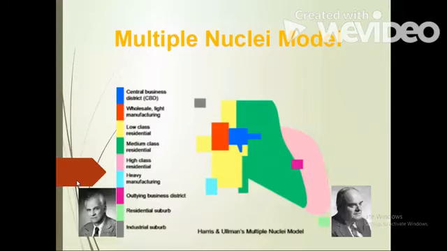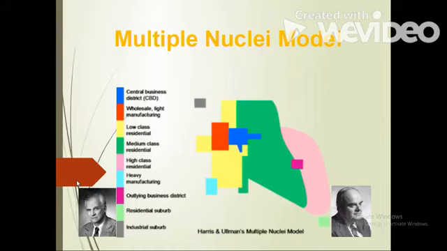Next, we move on to the next theory, which is the multiple nuclei theory. The pictures of the proponents are given over here, that is Harris and Ullman. This multiple nuclei theory was given by C.D. Harris and Edward Ullman in 1945. Again, this is based on the study of US cities, Seattle and Washington.